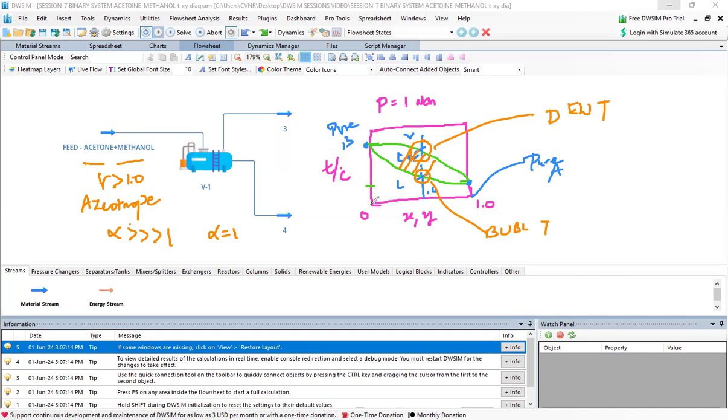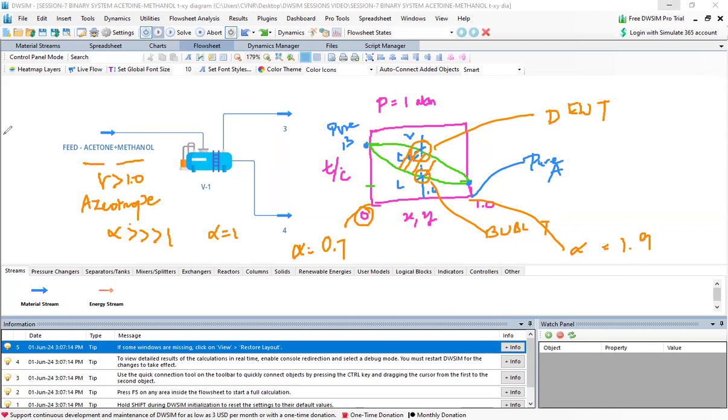Suppose at this position alpha is 0.7, and at this position alpha is 1.9. That means alpha 0.7 at x equal to 0, alpha 1.9 at x equal to 1. In between alphas of 0.7 to 1.9, there lies alpha as 1. Alpha 1 means there is an azeotrope.